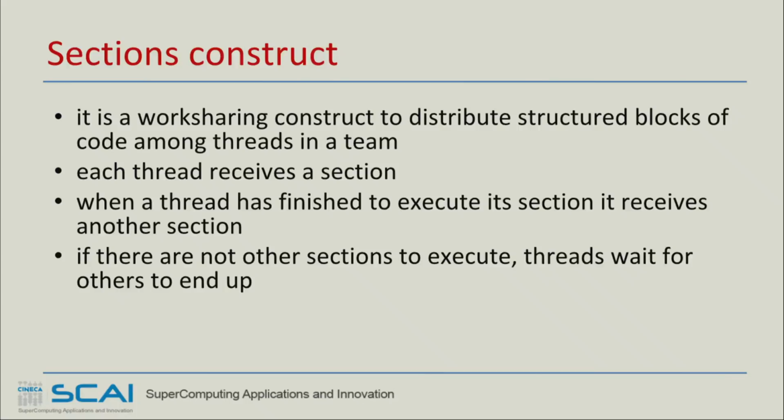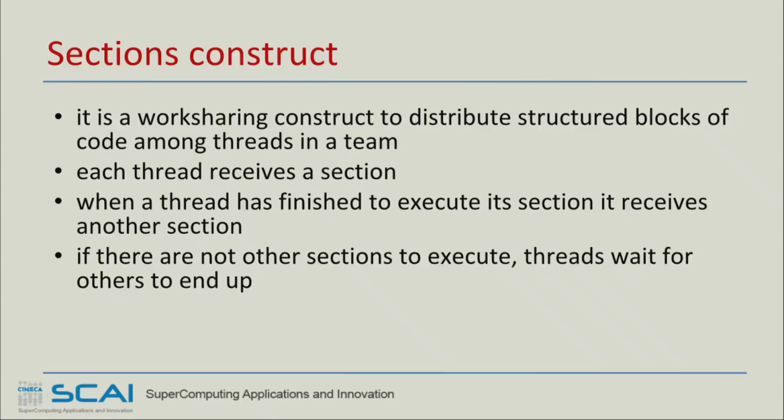Then each thread will receive sections to be executed. When a thread has finished executing its section, it can check if there is another one to work on. If there are no other sections to execute, the thread will wait for the others to end.